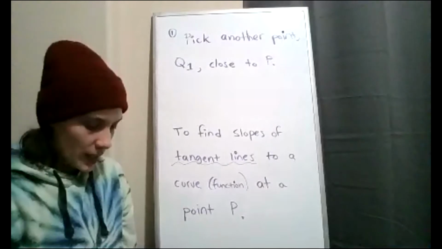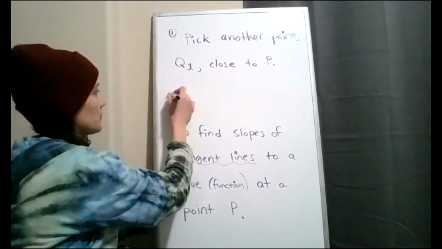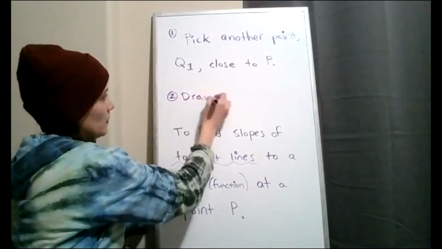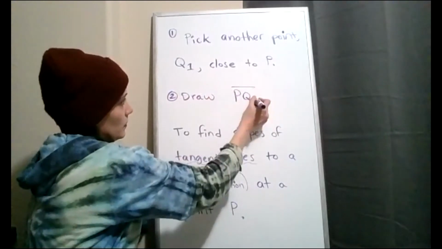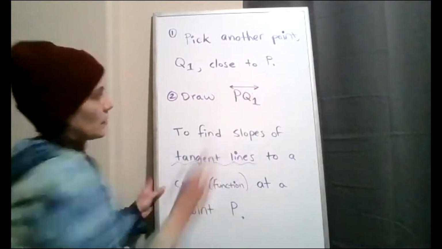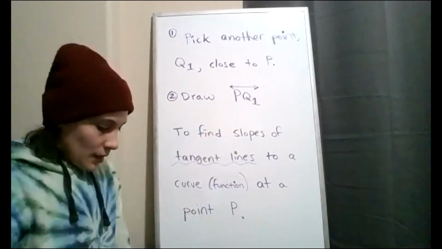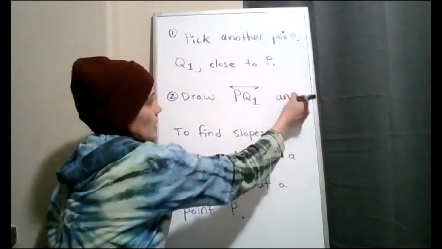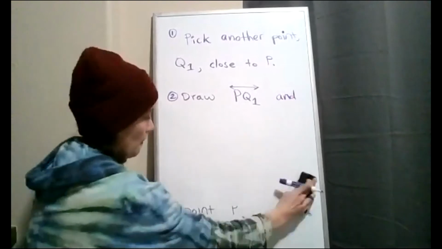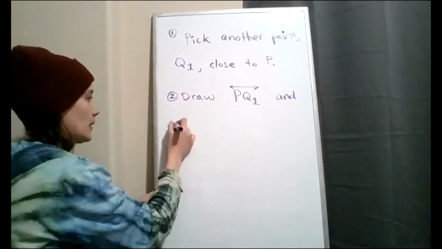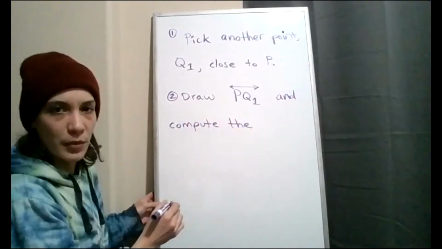Then you draw a line through the points P and Q1. So this is the line that goes through P, Q1. Compute the slope.